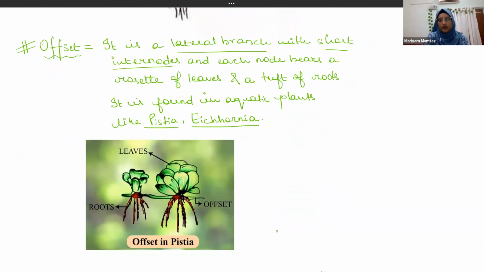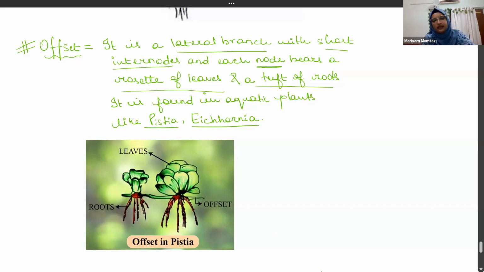So it is a lateral branch with a short internode, meaning the length of an internode is short. And the node is the area from which the branches come out from the stem. So each node bears a rosette of leaves and a tuft of roots.